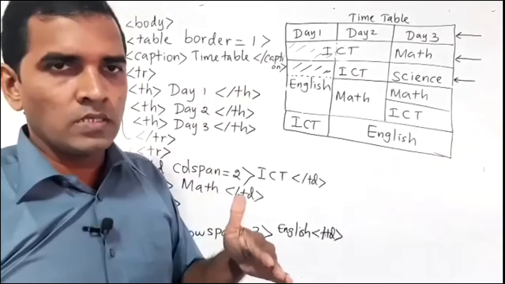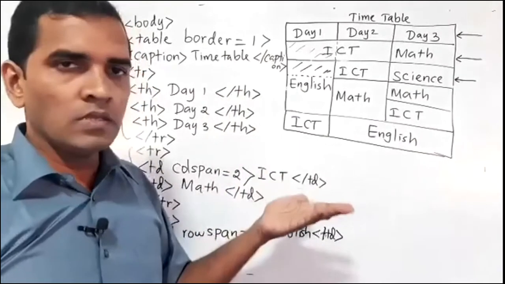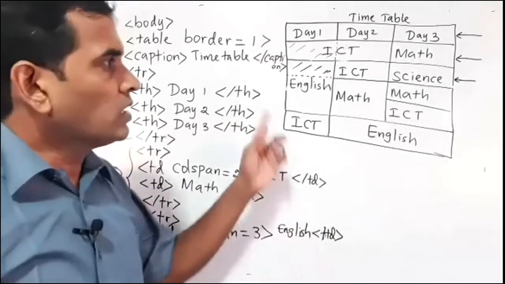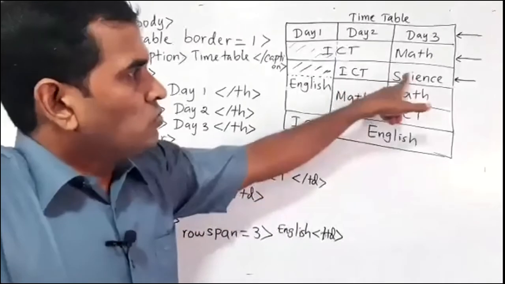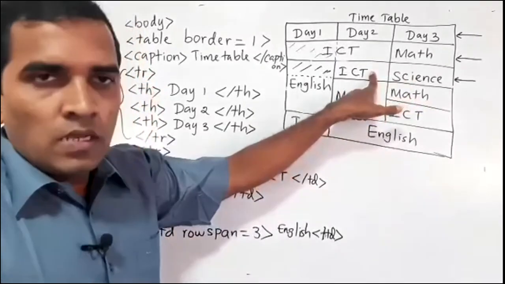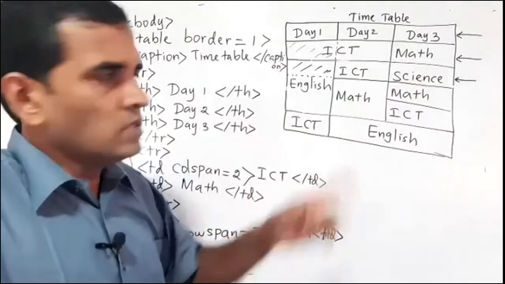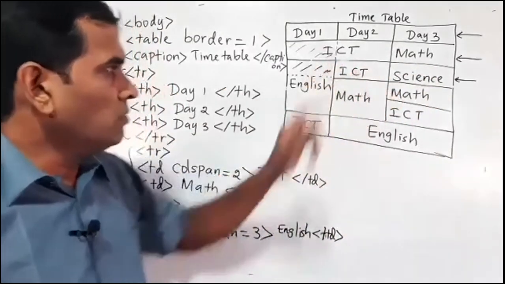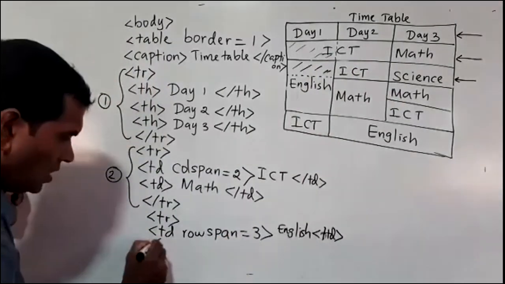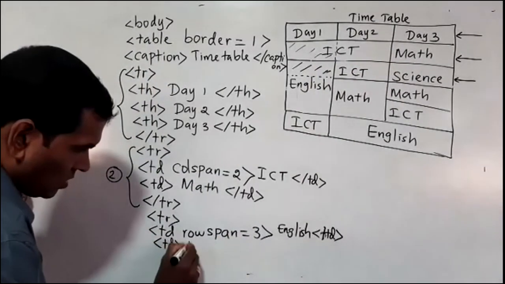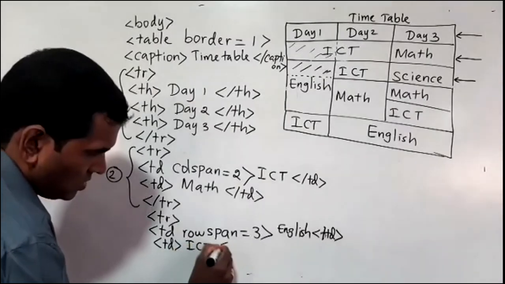We are in the third row, right? So you have to check whether the third row has any other cells. Look at that. You have two more cells. ICT is the next cell in the third row. Next one, science. Both are single cells, right? So it's simple to create them. Next one, ICT. So TD, ICT, TD.